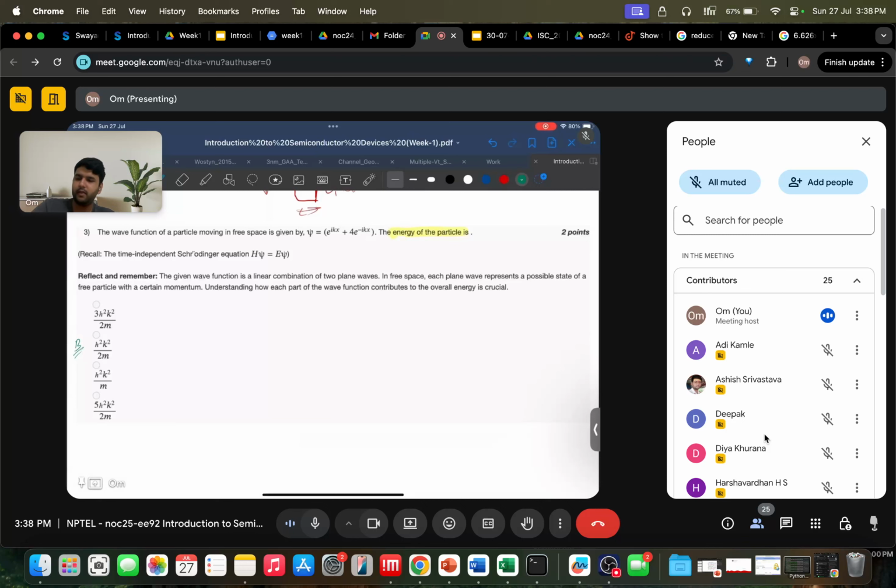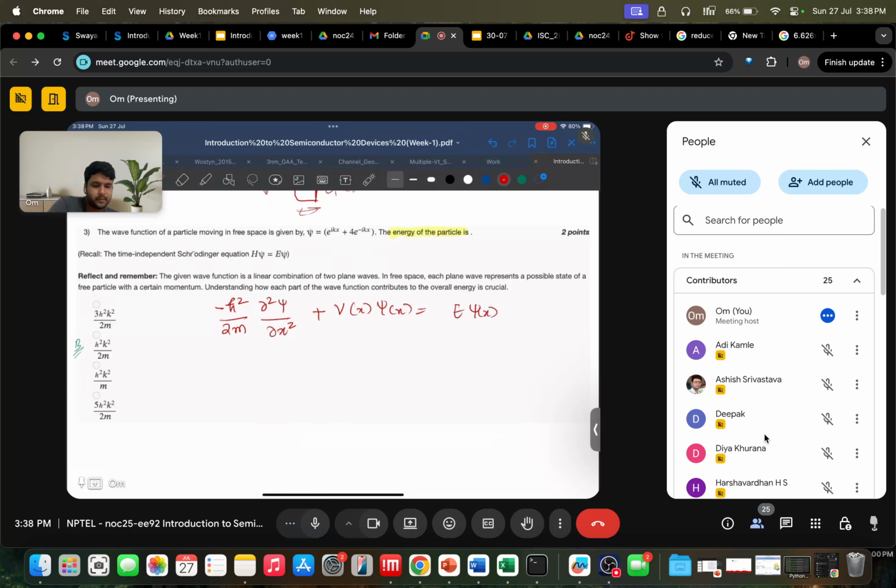Let's see where it comes from. You must have read about the Schrodinger's equation till now, hopefully. So what is Schrodinger's equation? Or I would say the time independent Schrodinger's equation to be precise: minus h cross square by 2m del 2 psi by del x square plus V of x psi equals E psi.